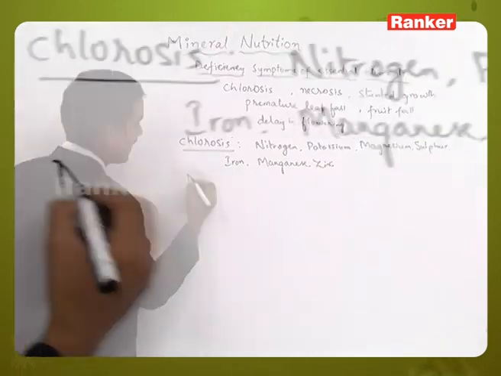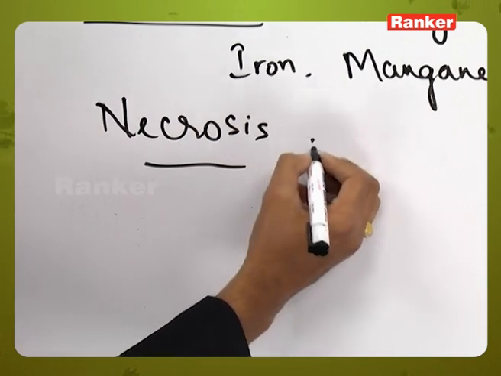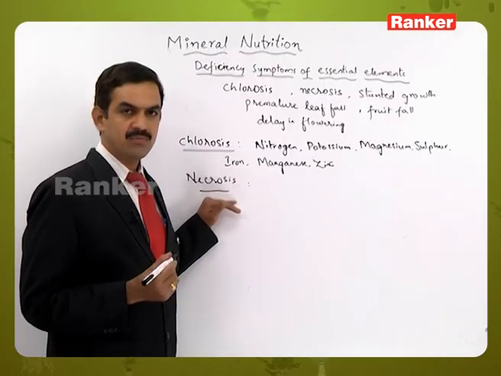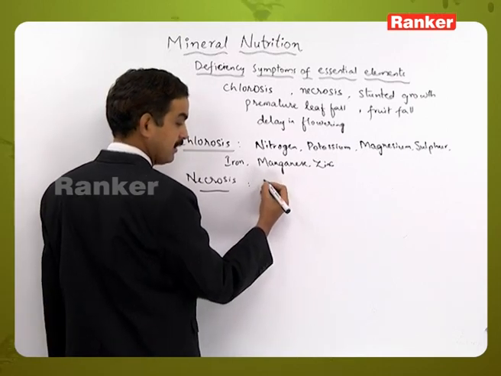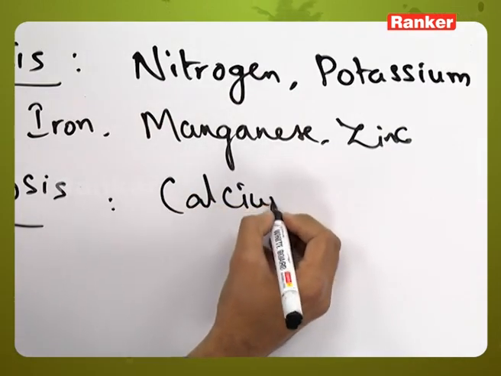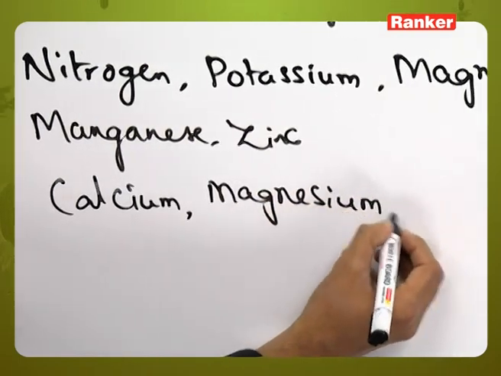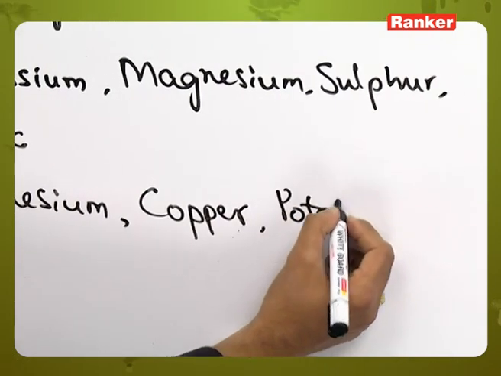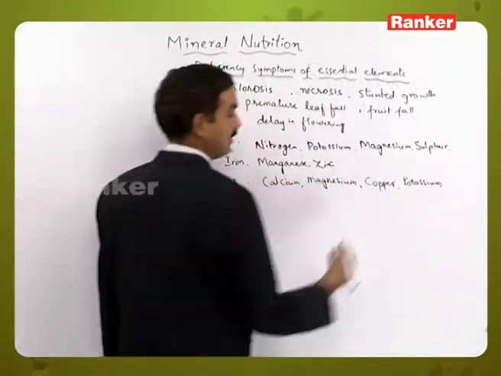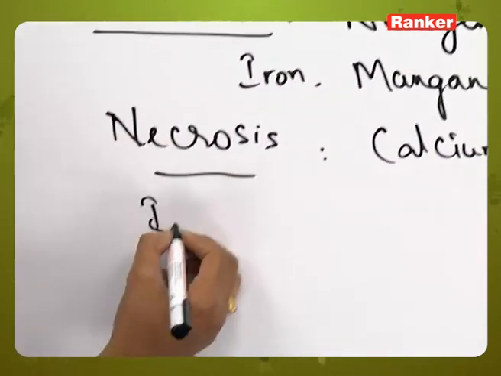Then the same way, necrosis. Necrosis is death of the tissue. So, this is caused by the deficiency of calcium, magnesium, copper and potassium. Then one other deficiency symptom is the inhibition of cell division.